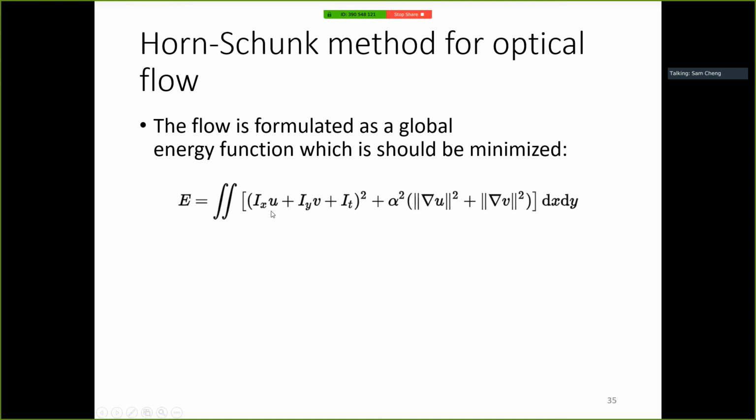Then, this is just for one pixel, right? I want all the pixels to be small. So I can just integrate the whole thing, and then I have some kind of energy function like that. I just try to minimize that. So does this make sense?